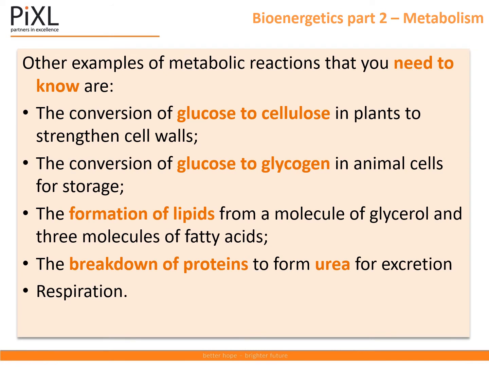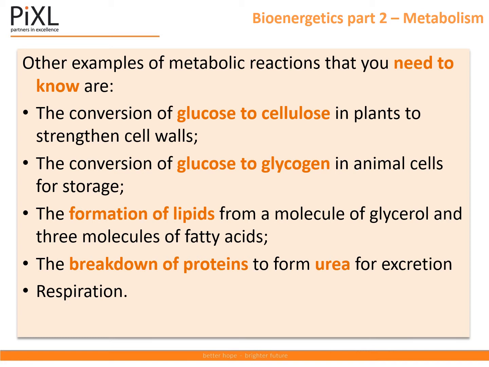Okay, and we're going to finish off now with some different metabolic reactions that we've covered in previous topics that we need to know about. It's a good link between photosynthesis and digestion when we're looking at metabolism.